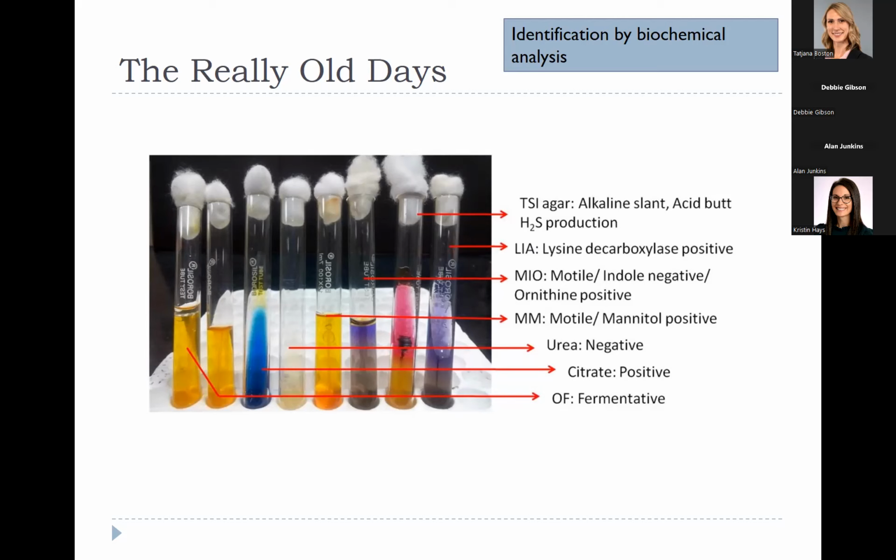To identify the bug, you'd have sometimes 5, sometimes 15, sometimes 20 tubes lined up for that one organism. You can tell from the cotton plugs that these were actually made in the laboratory, not purchased. So it took a lot, but it was using biochemical analysis to look at the biochemical properties of that organism.